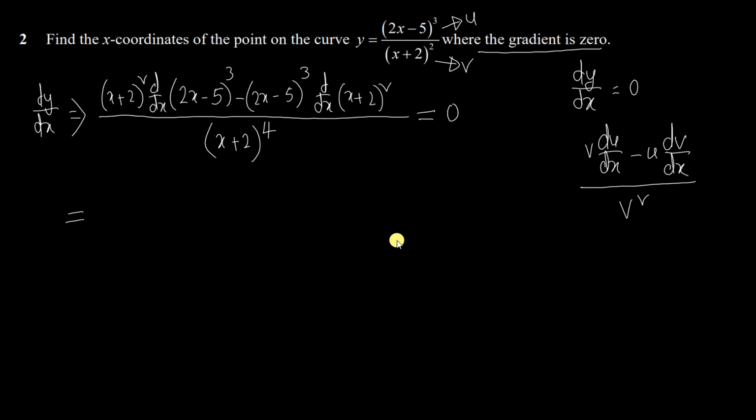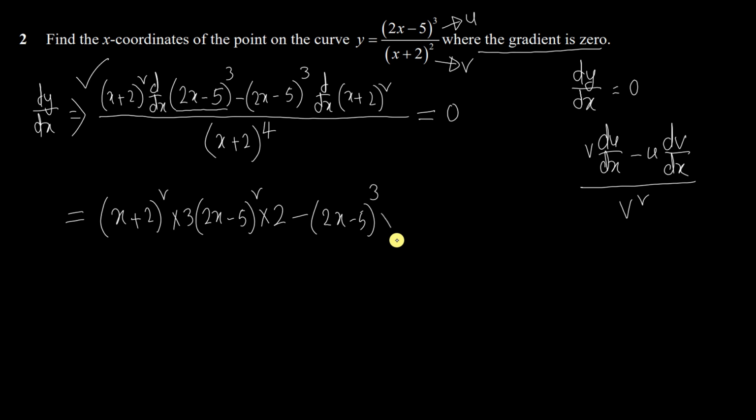Only the numerator remains: (x plus 2) squared times 3 times (2x minus 5) squared times 2, because we differentiate inside the bracket, minus (2x minus 5) cubed times d/dx of (x plus 2) squared, which is 2 times (x plus 2), equals 0. Something multiplied with 0 becomes 0.